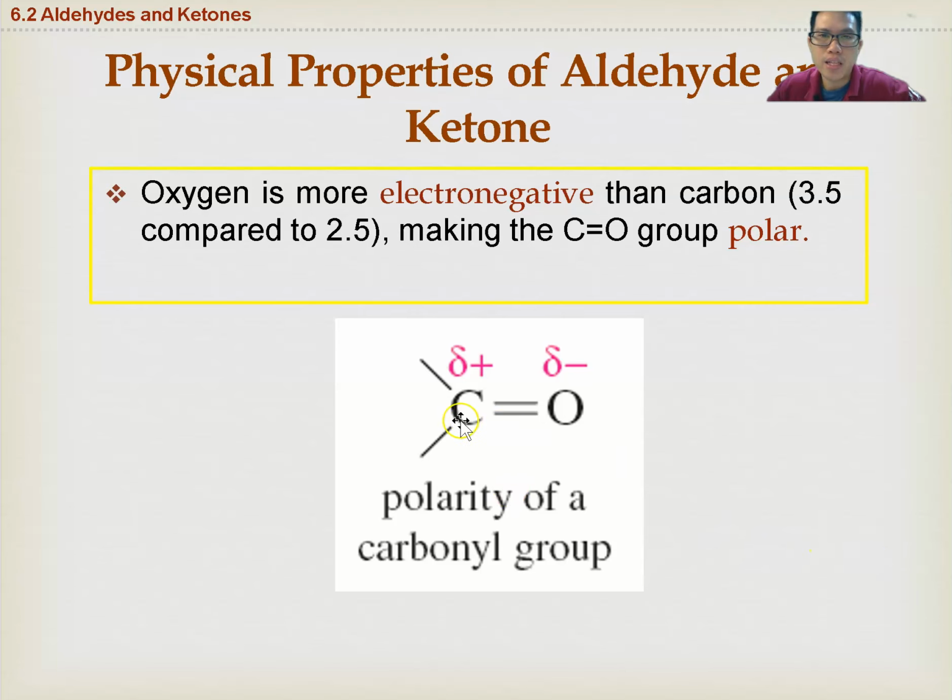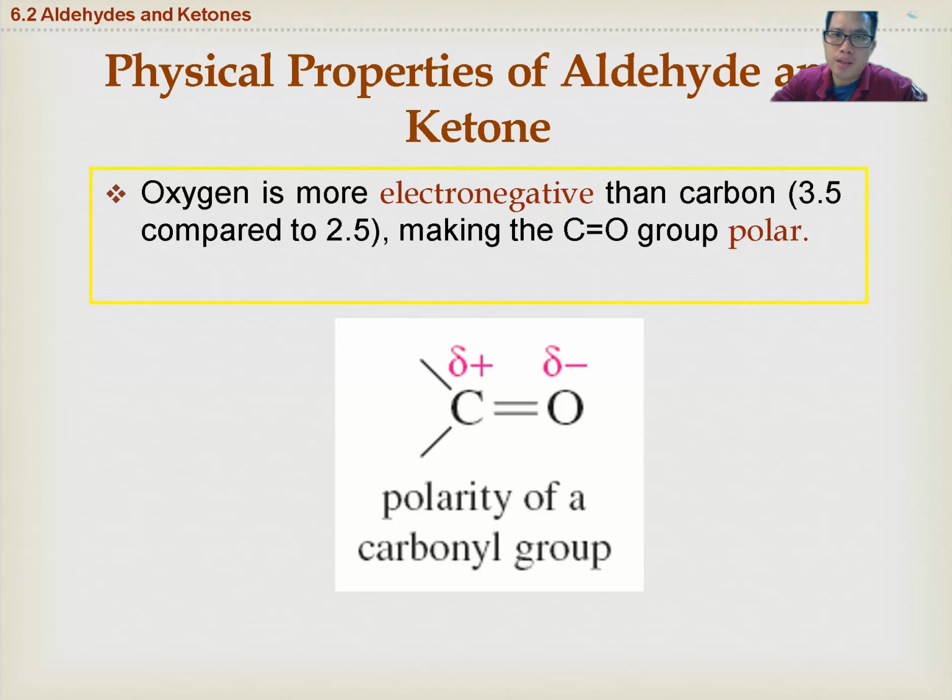In this case, you can see that the carbon and the oxygen form a polar covalent bond, with slightly positive and slightly negative ends because of the unequal sharing of the electrons. There are more electrons at the oxygen compared to the carbon. Because of this, the carbonyl group is polar, so it facilitates the interaction between molecules.